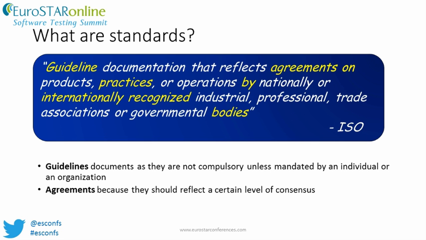According to ISO, standards are, quote, guideline documentation that reflects agreements on products, practices or operations by nationally or internationally recognized industrial, professional, trade associations or governmental bodies, end quote. Note that they are guideline documents, as they are not compulsory unless mandated by an individual or an organisation.